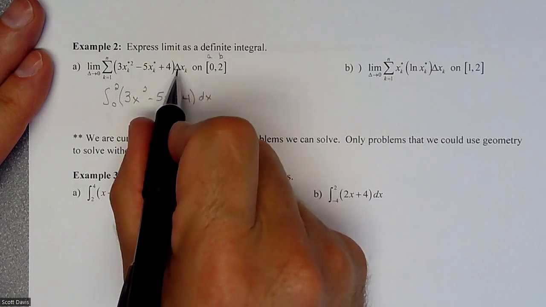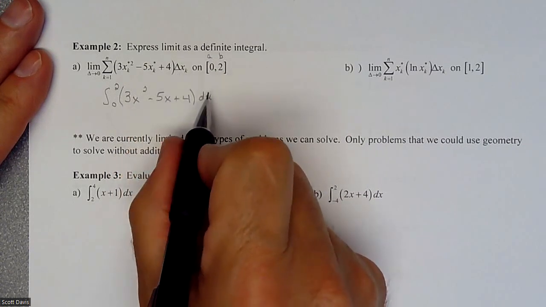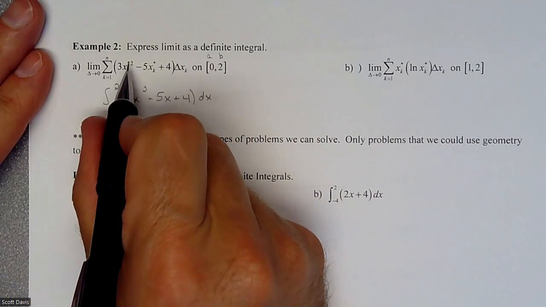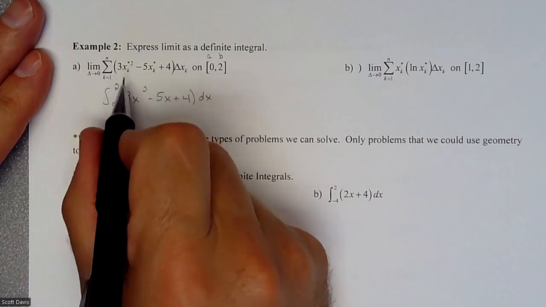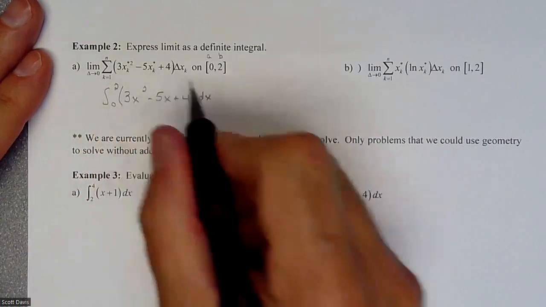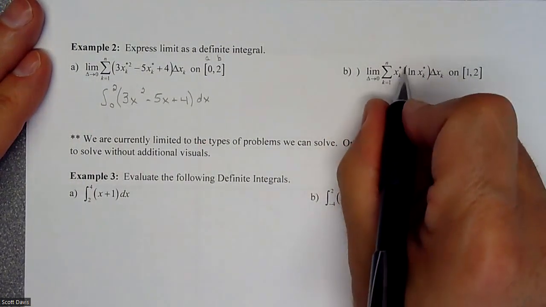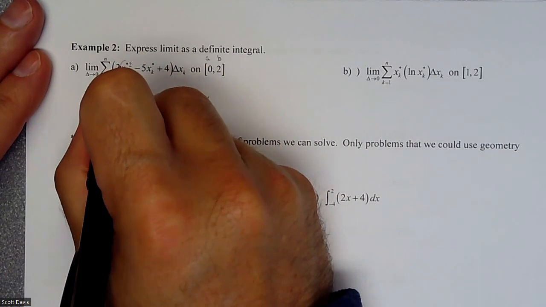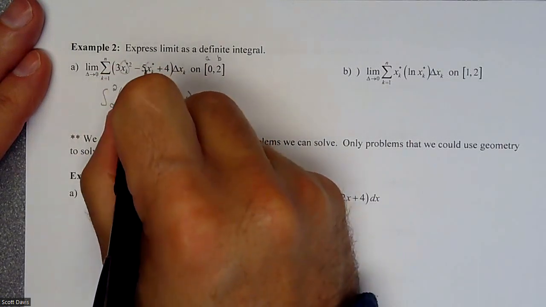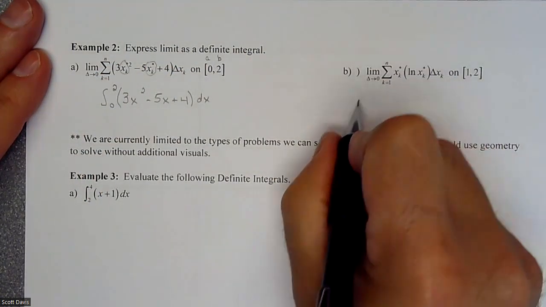And so that's how these pieces are. The change in x becomes your dx. This little x star k is just an x. So it's 3x squared minus 5x. Anywhere you see it, there's your x, there's your x. So I'm going to do this one.